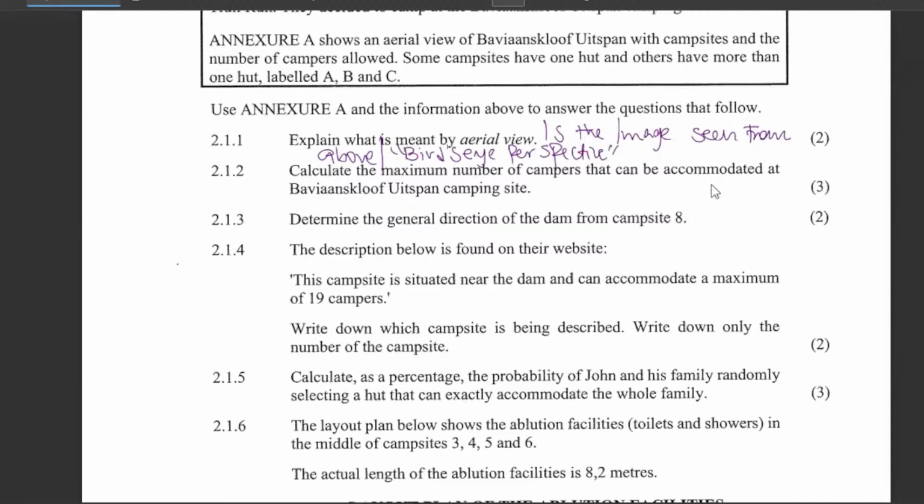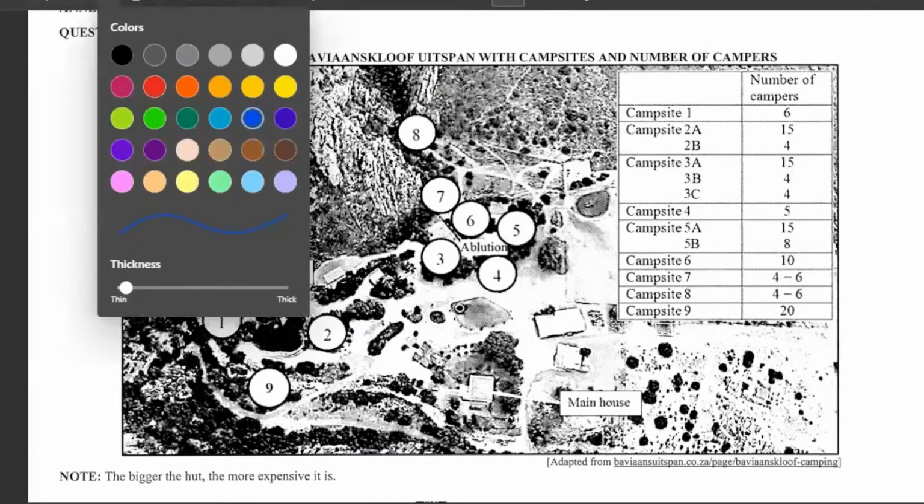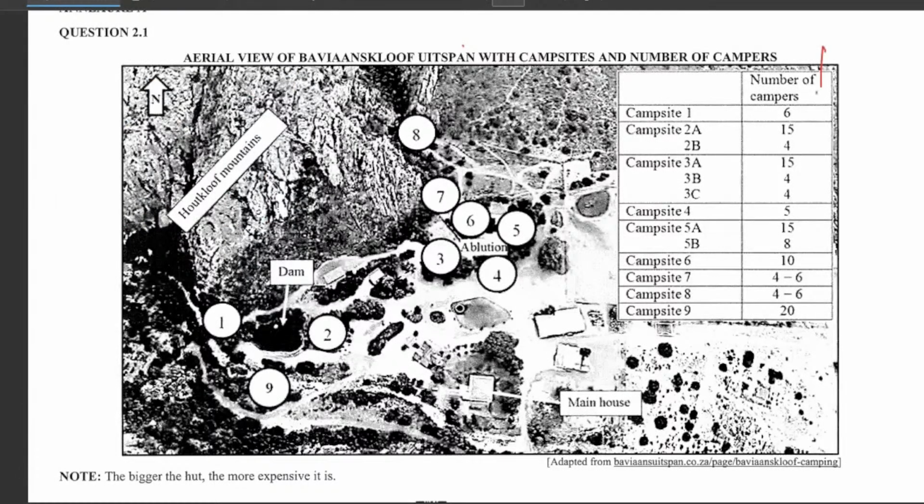Calculate the maximum number of campers that can be accommodated at this campsite. We are going to add all the numbers that we know here. The first one takes 6, plus 15, plus 4, plus another 15, plus another 4, plus a 4, plus a 5, plus a 5, plus a 15, plus 8, 10, 6, 6, and a 20. When it comes to these two, we take the maximum. It says 4 to 6, so we take 6.